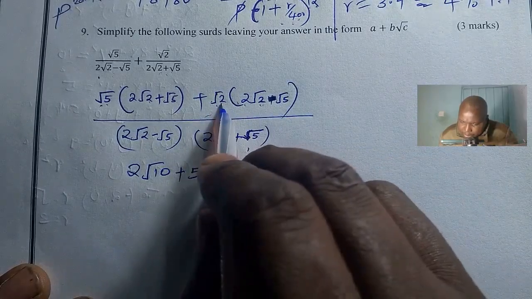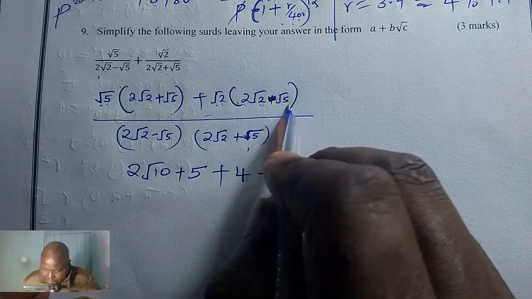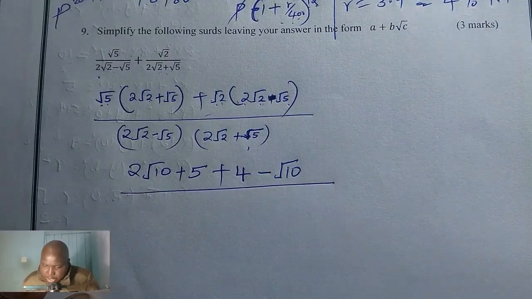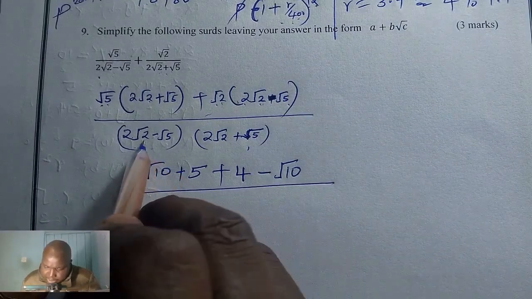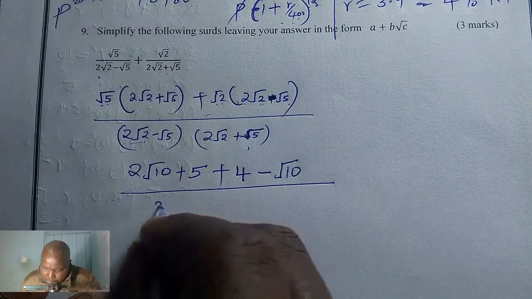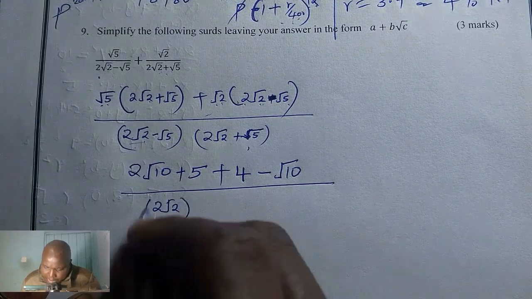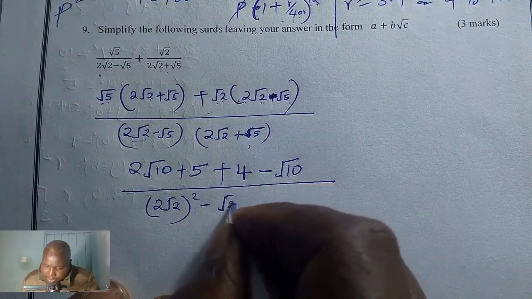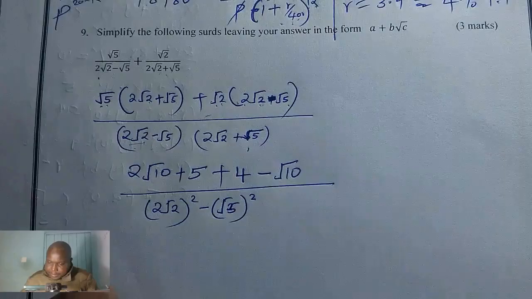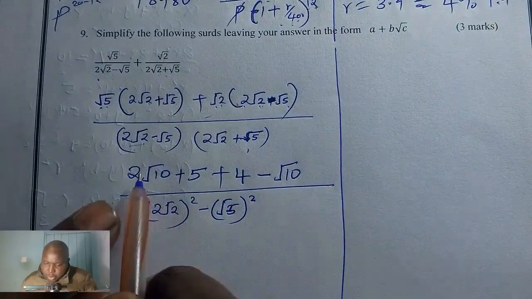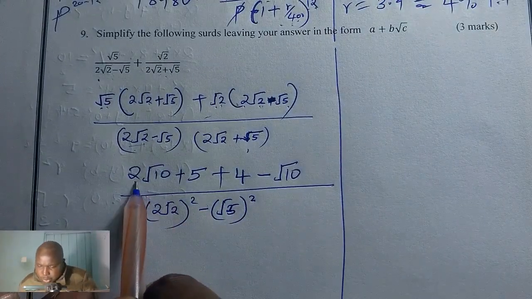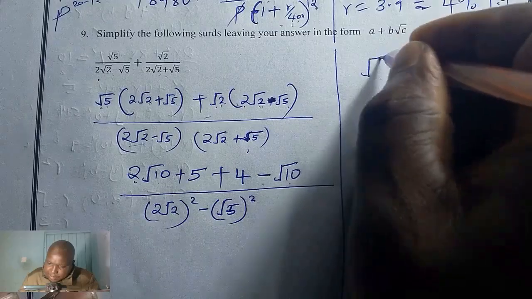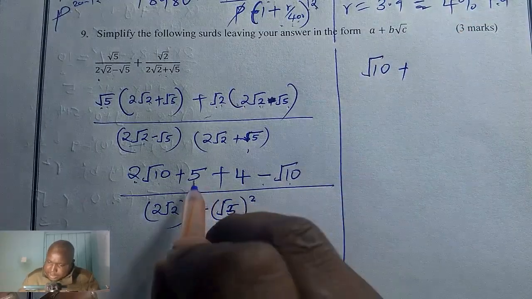Root 2 times root 5, the answer is root 10. For the denominator, you take the first term, that is 2 root 2, you square, minus the second term, root 5, you square. So 2 root 10 minus this is we are going to have root 10 remaining plus this 9.